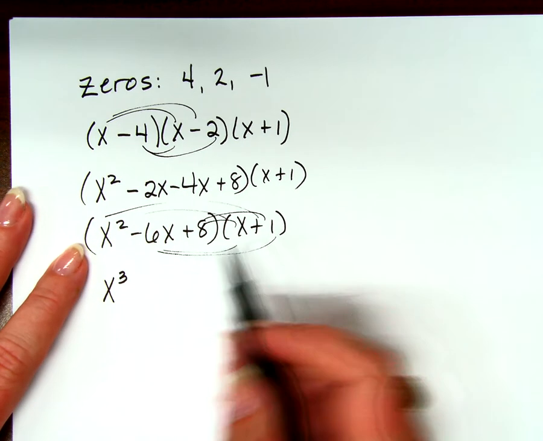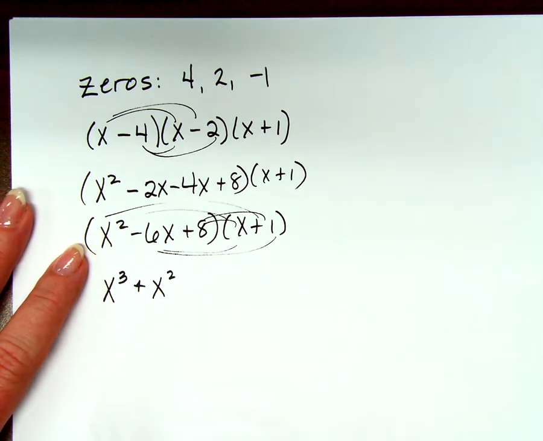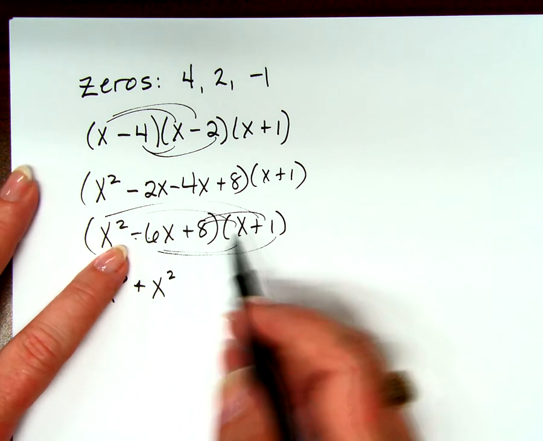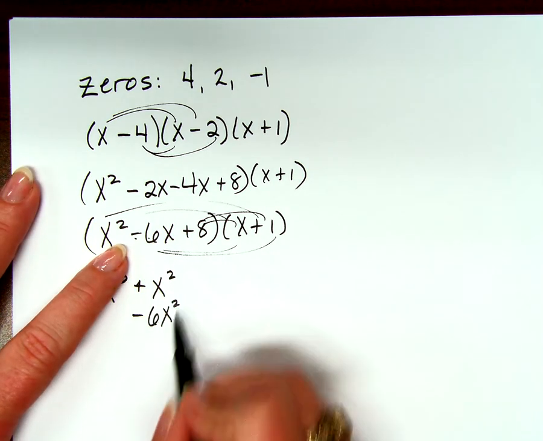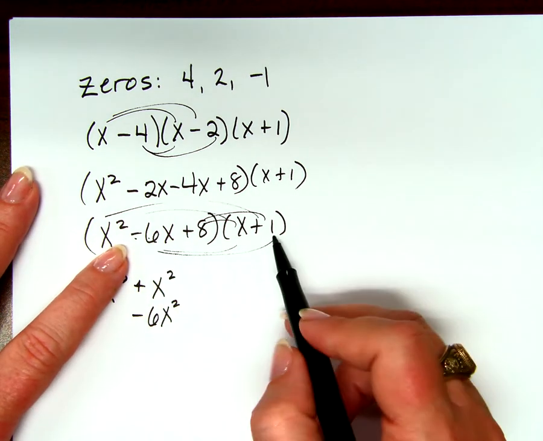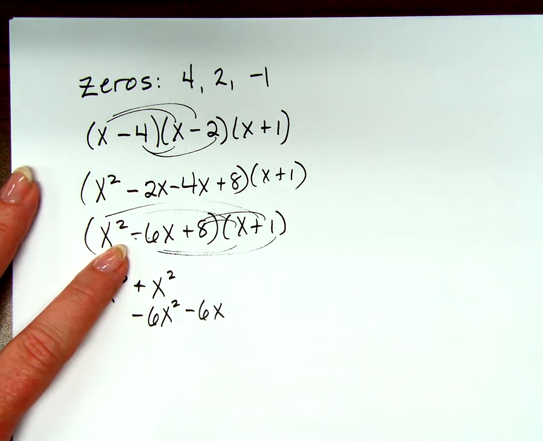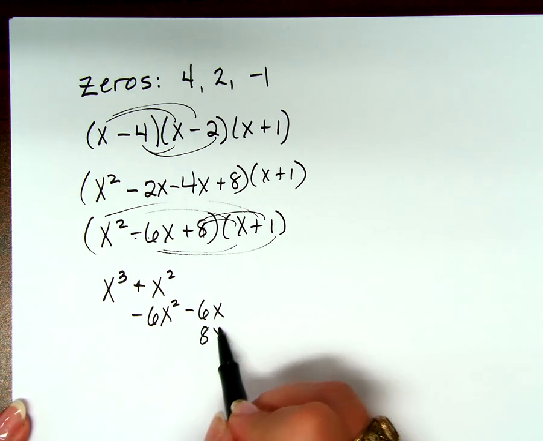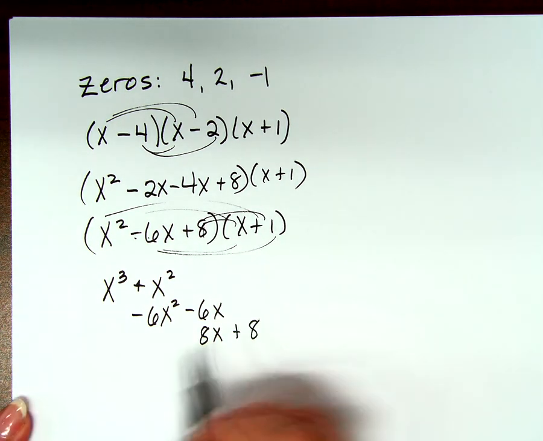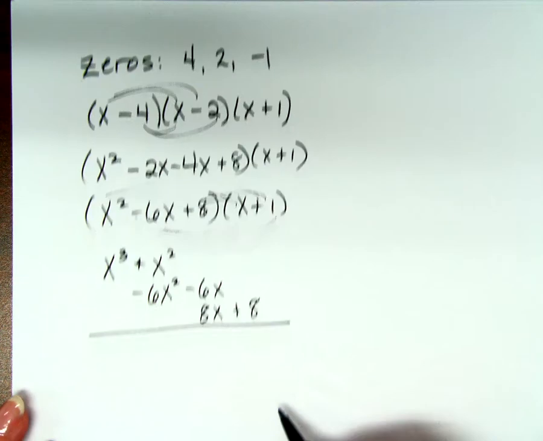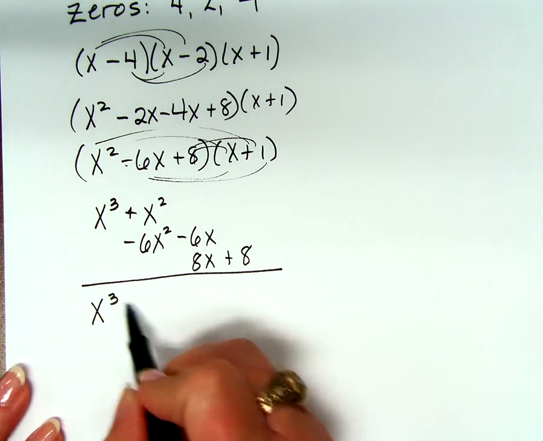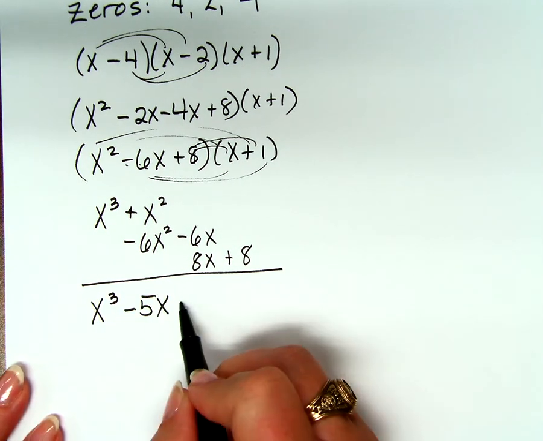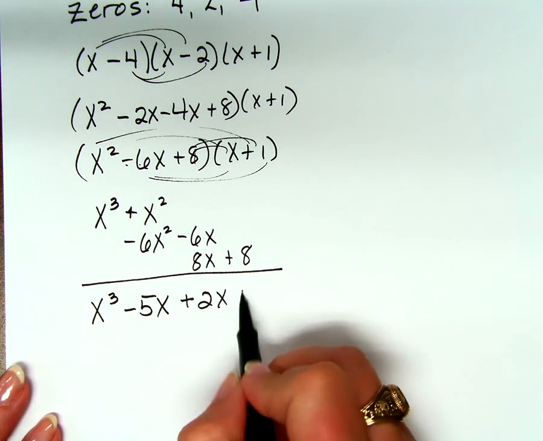X squared times 1 is x squared. -6x times x is -6x squared. -6x times 1 is -6x. 8 times x is 8x, and 8 times 1 is 8. So if I combine all my like terms here, I get x cubed minus 5x squared plus 2x plus 8.